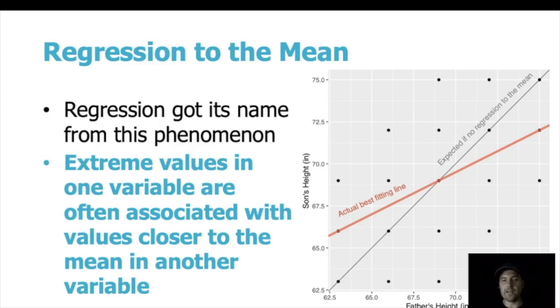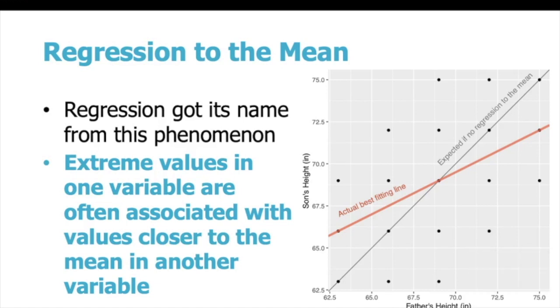So I'm showing 2 lines on here. If regression to the mean didn't actually happen in reality, the line that goes right through those points, the expected if no regression to the mean, would be the best fitting line. But in reality, that doesn't happen. So we have this example right here, where we have the father's height in inches and the son's height.